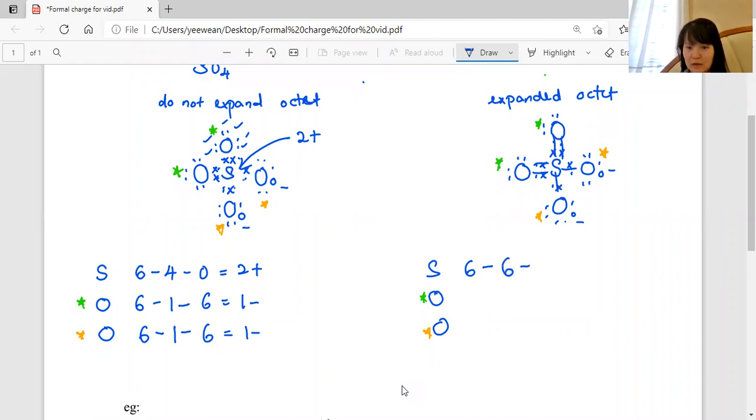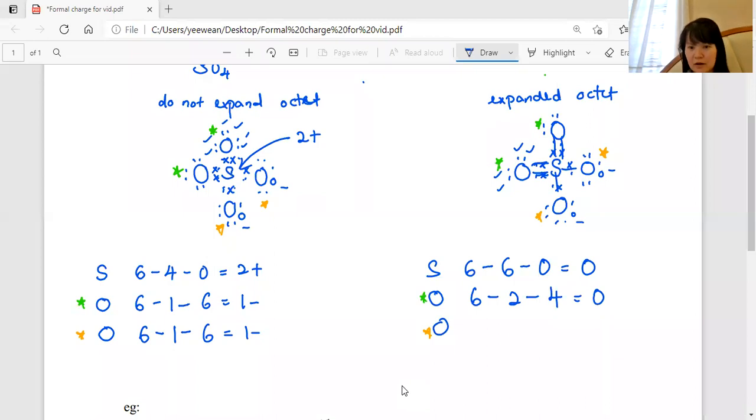And there are no non-bonding electrons around sulfur, so 0. Okay, the green star oxygen, 6 outermost electrons. Bonding electrons, that's 4, so half of that is 2. And the non-bonding electrons, 1, 2, 3, 4. So that's 0.